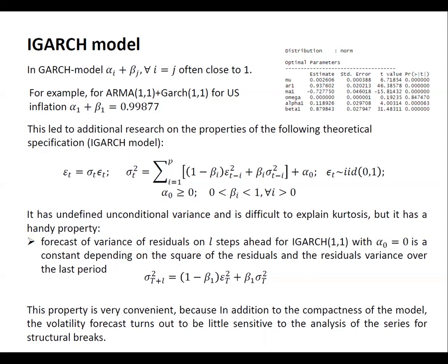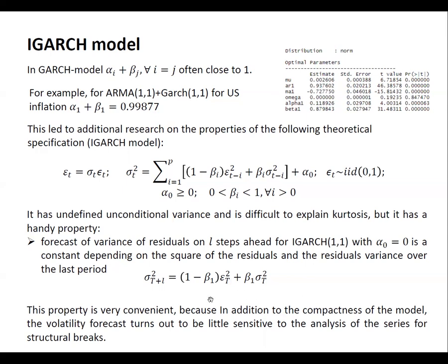However, these shortcomings are covered by the fact that this IGARCH model has a convenient property that the prediction of the error variance L steps ahead is just a constant, which depends on the square of the error and the variance of the error over the last period. That is, here is, in fact, this constant, the coefficients and the value of squared error and of the variance for the t period.